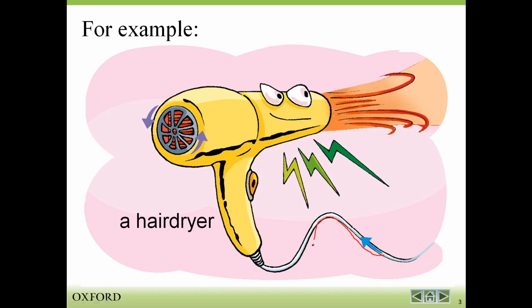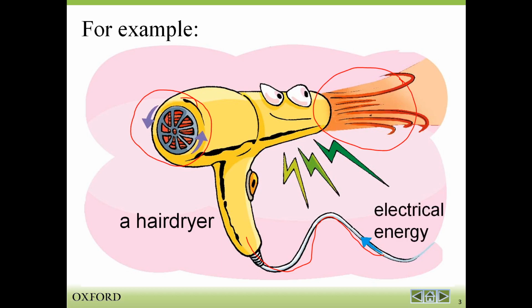The electrical energy is supplied to the hair dryer, and then what is produced? One, the sound energy. Two, kinetic energy, it can move. Third, the heat, the thermal energy.